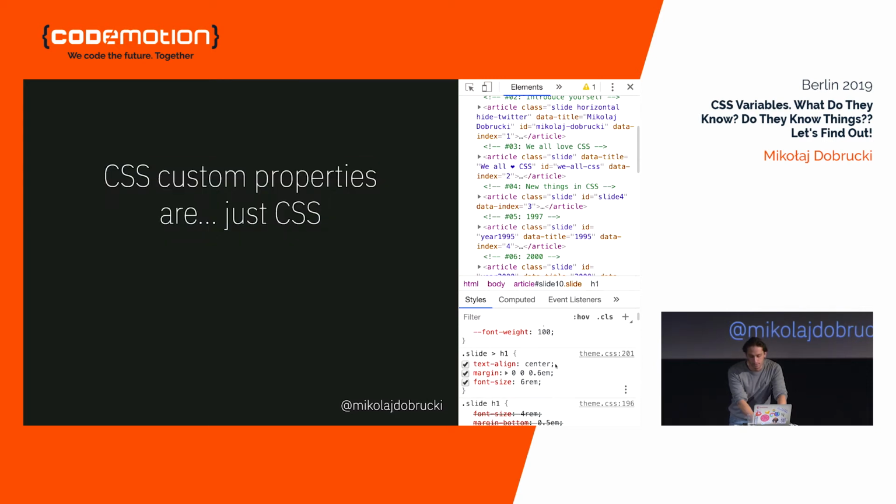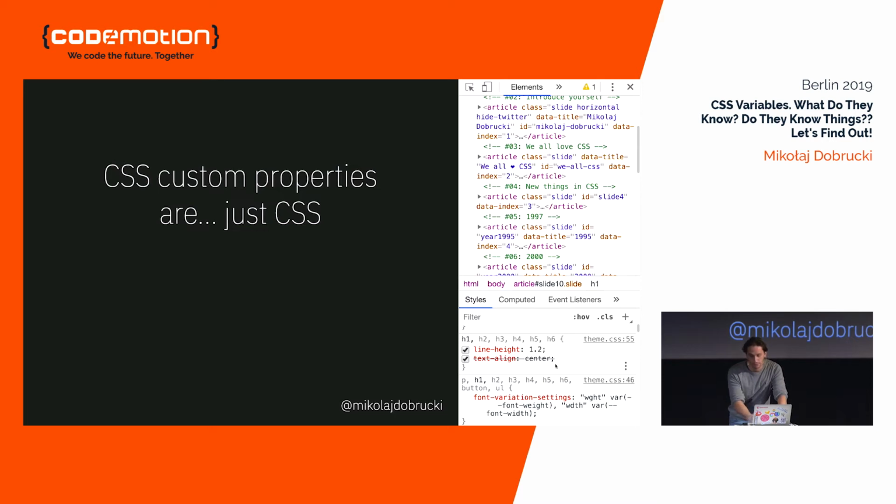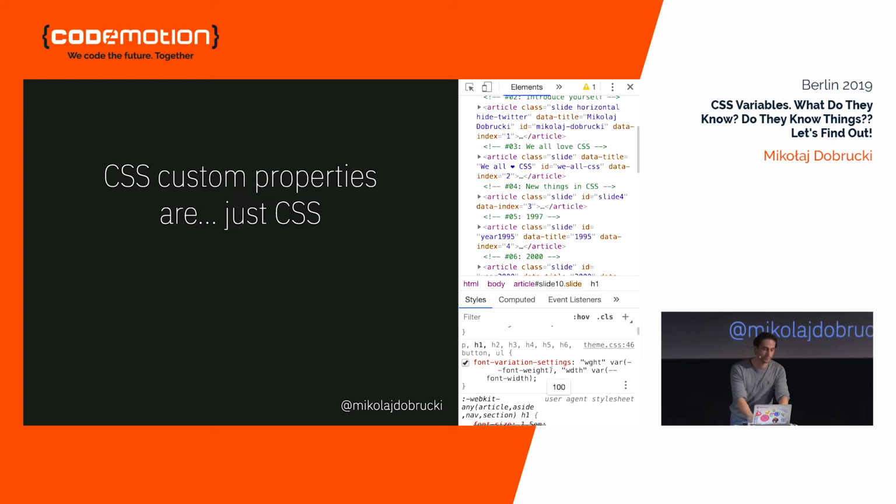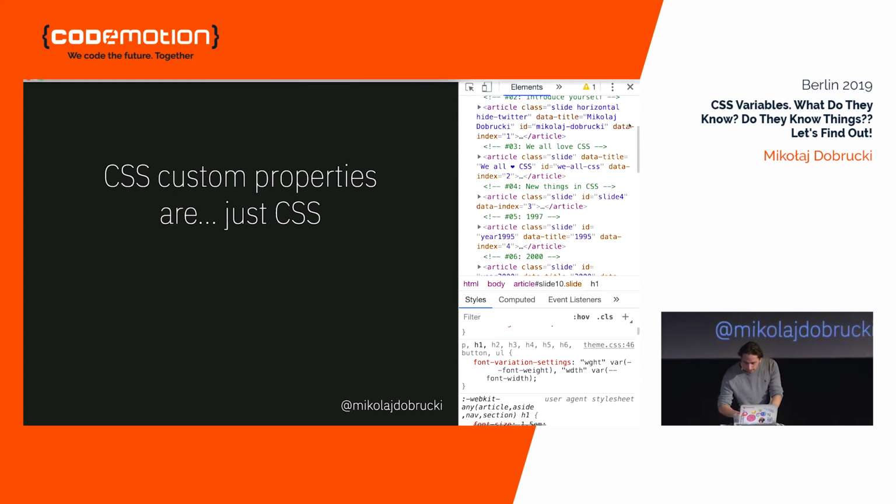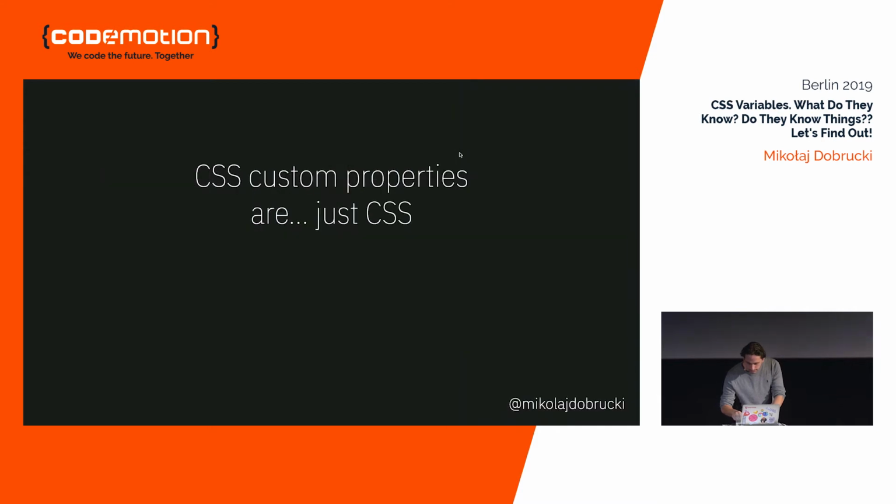And those values override the default values of those two CSS custom properties, which are declared on a wider scope and then used in a font-variation-settings property, which allows me to basically manipulate the variable font that I'm using here in this slide deck.